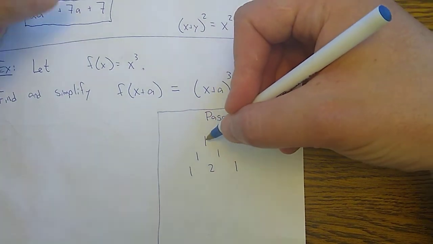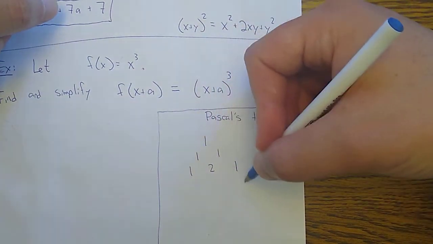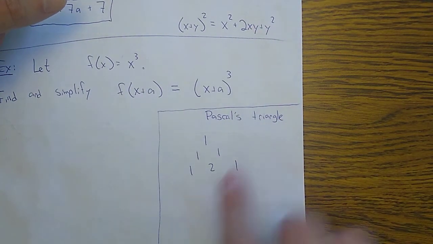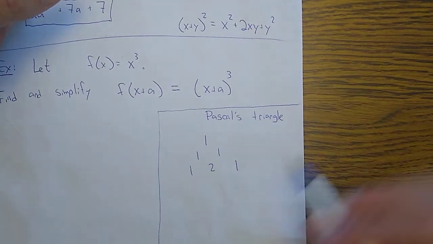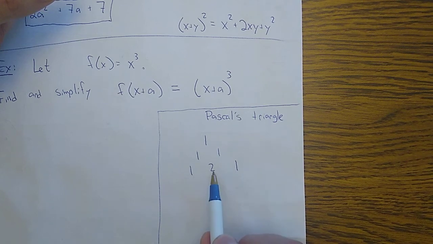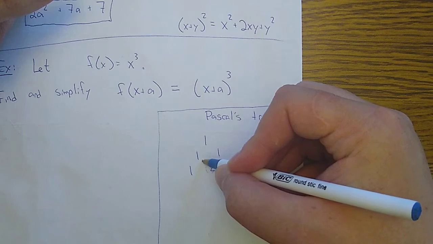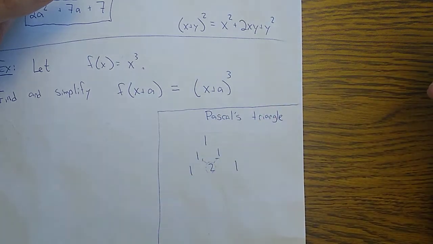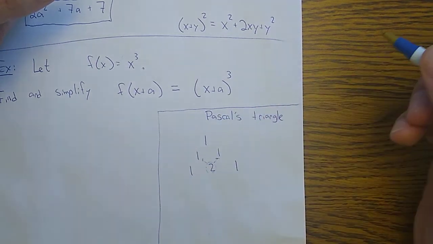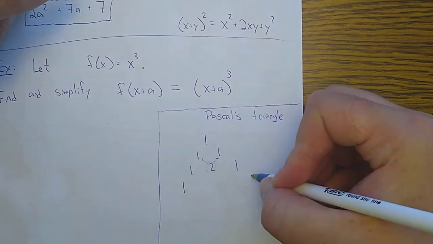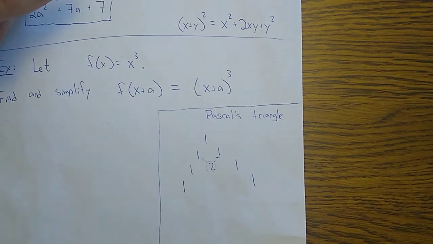It has ones on the left and on the right, and the numbers in the middle, like this 2, are just the sum of the two numbers above it. So 1 plus 1 is 2. So let's fill in the next row. On the left and on the right, there's going to be ones.